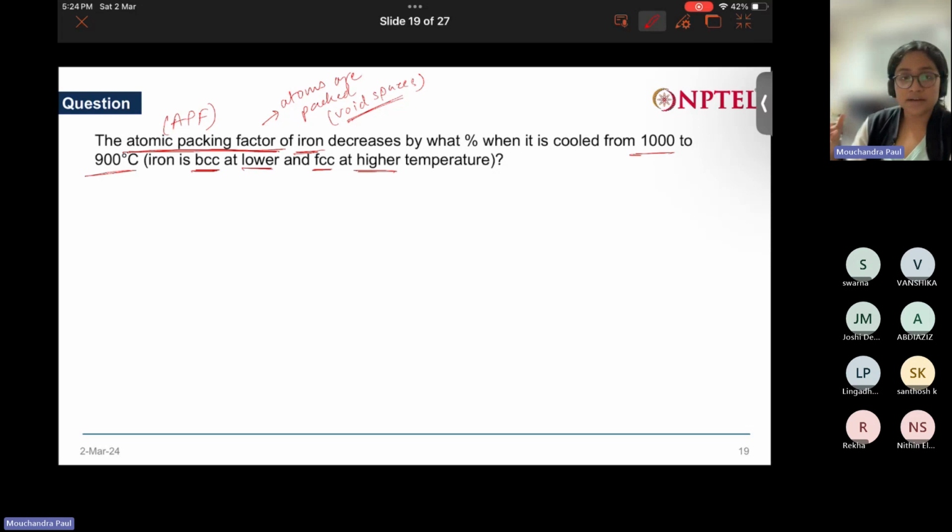Now the iron is cooled. Initially it was at 1000 degrees Celsius, correct? Now tell me, what is the unit cell type here for 1000 degrees, whether it is FCC or BCC? FCC. Yes. The unit cell type is FCC.